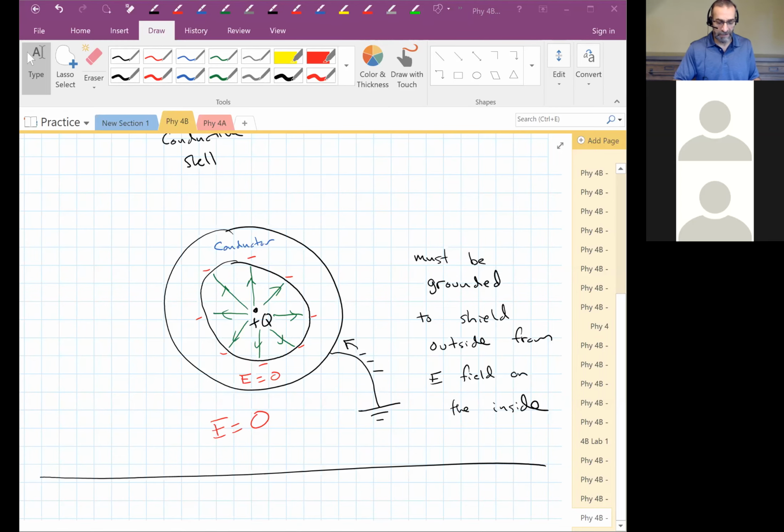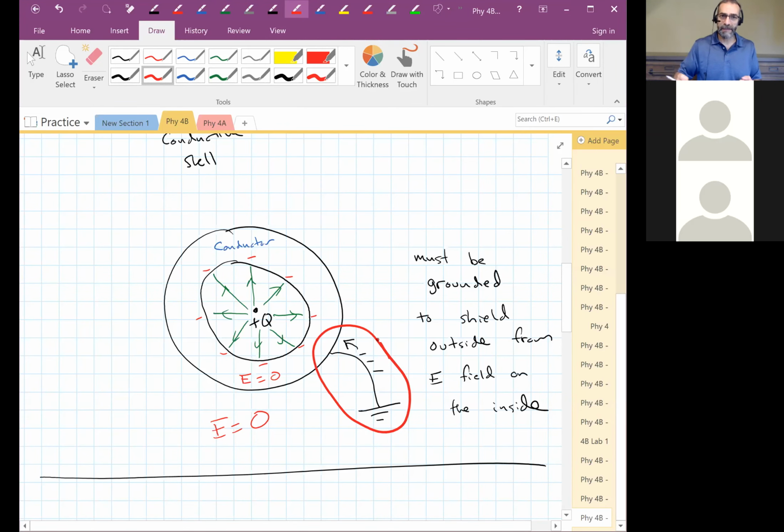So that's why I talk about positives moving to ground. Really, negatives are coming, the picture is correct, right? Electrons are coming from ground to our conductor and canceling out those positive charges. But if you prefer to think about it the other way, that's fine.